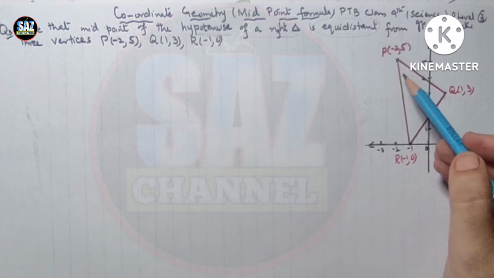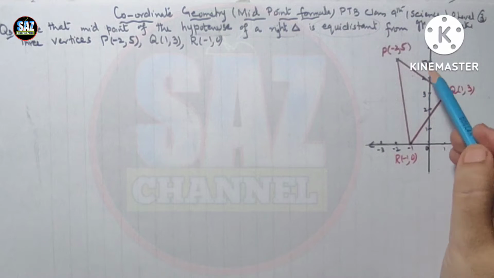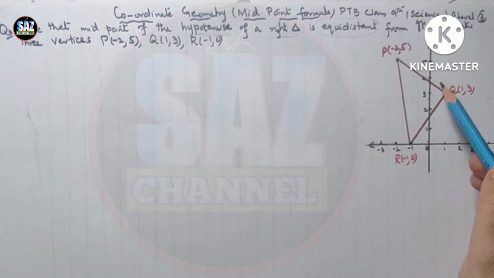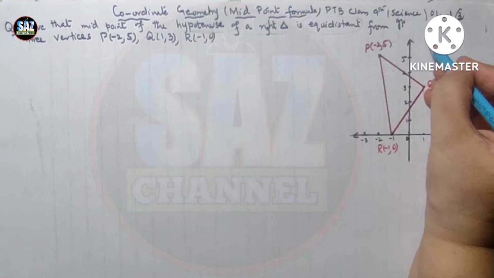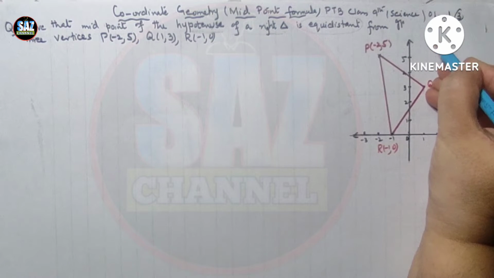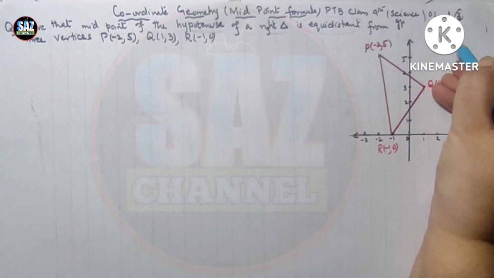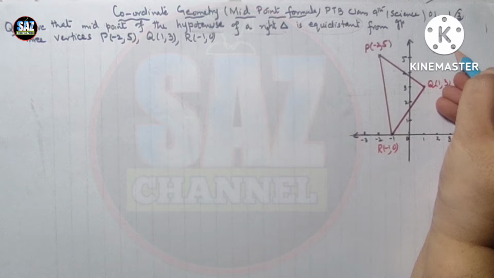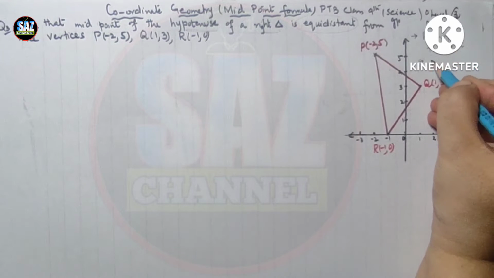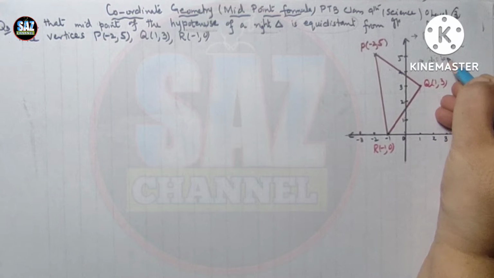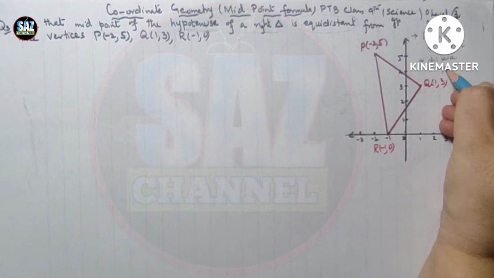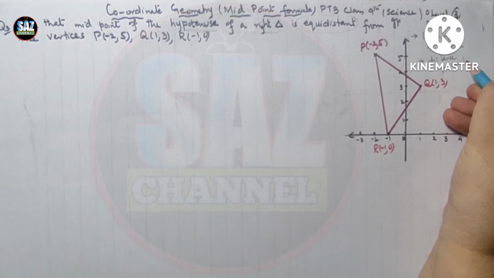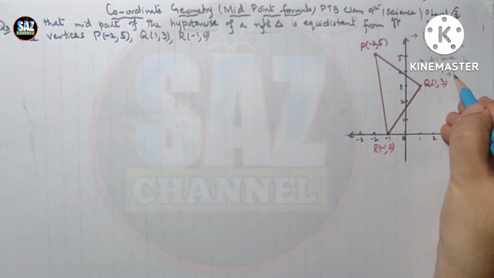For that we should have a good command of the Pythagoras theorem. First technique that we have to apply is the Pythagoras theorem and the distance formula, then midpoint, and then again distance. I hope the format of the question is clear to you.